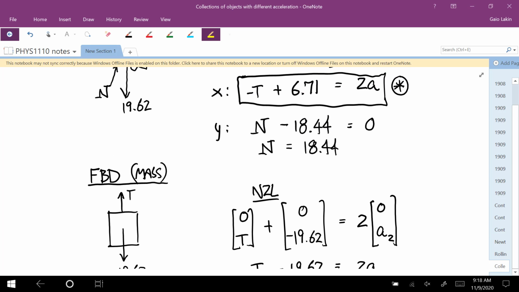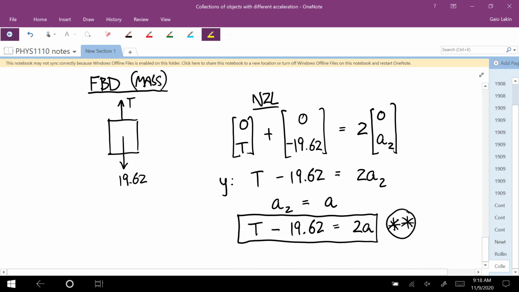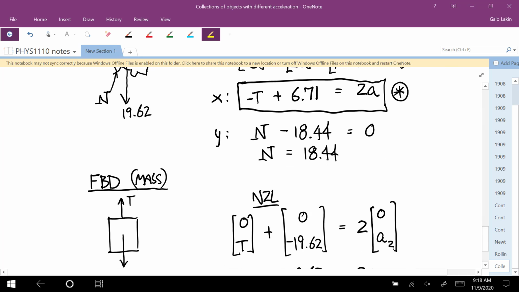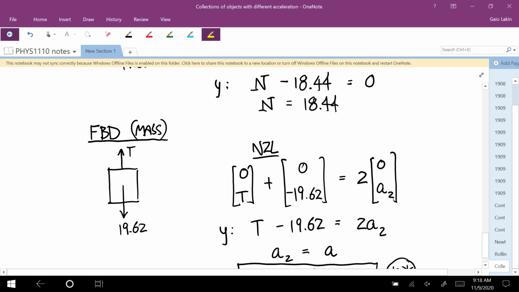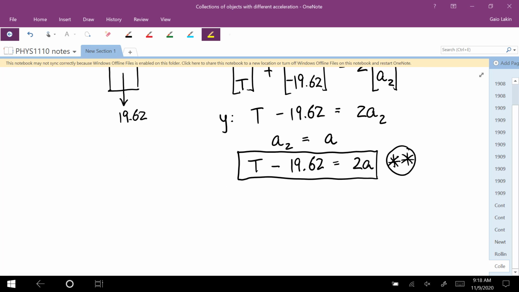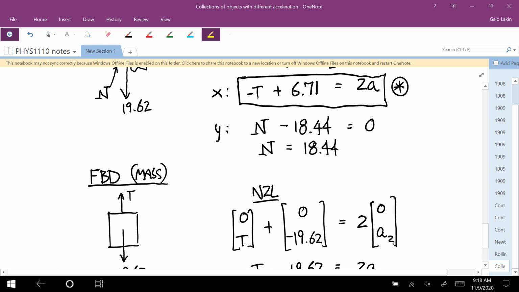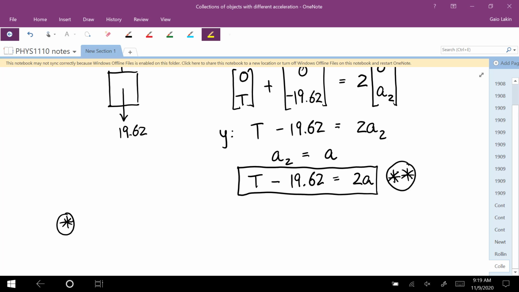Well, now I have the two starred equations, and I can substitute one into the other one. So let's say equation 1 star, if I rearrange it, says T is equal to 6.71 minus 2A.